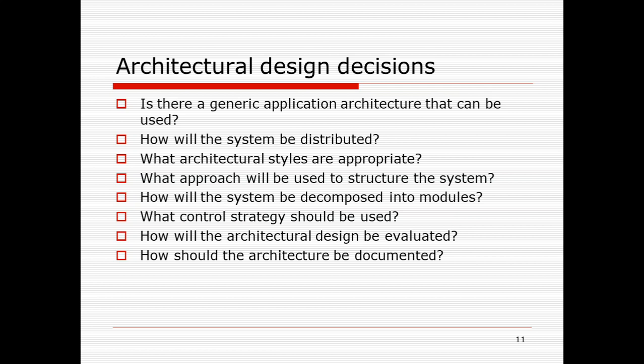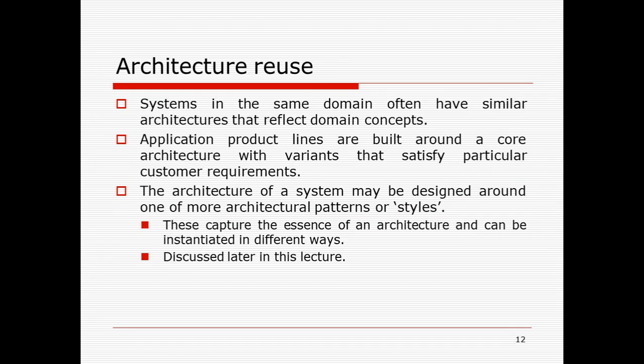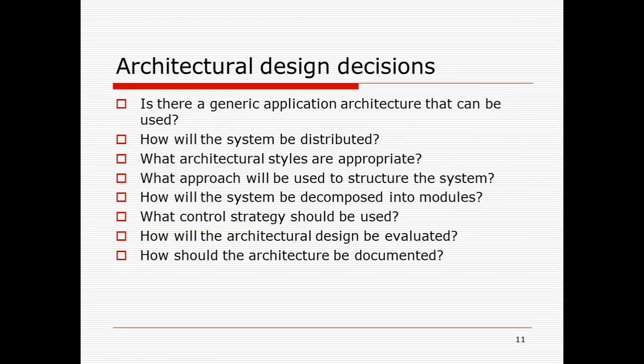Similarly, how will the system be distributed among the computers? Similarly, what architectural styles are appropriate? Is there a common architectural style that can be used? Which architectural style will be appropriate for the particular architecture?